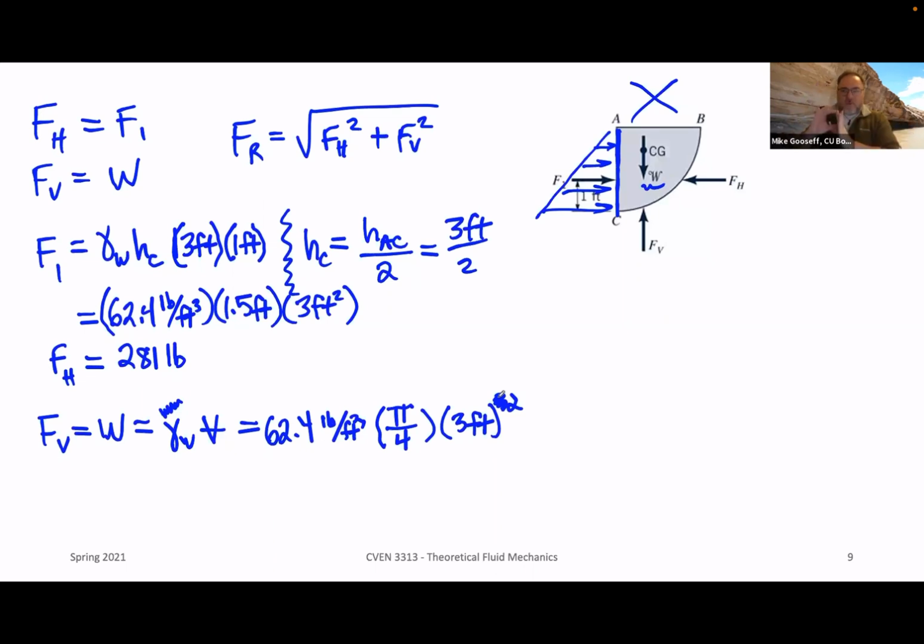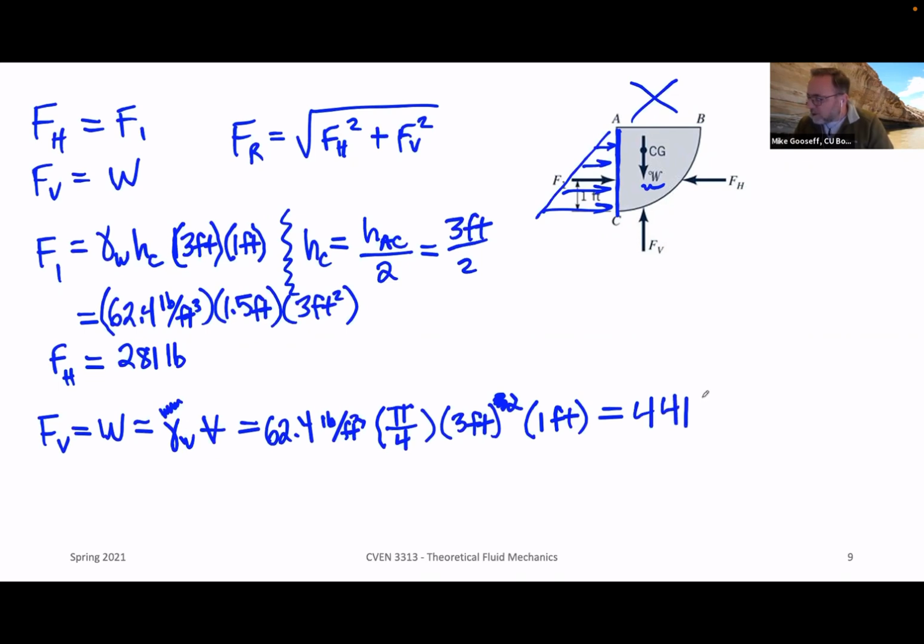We only need 1/4 of that, so I combined the pi and the 1/4. So pi over 4 times r squared gives us 1/4 of the cross-sectional area. And then remember, our depth is 1 foot, the distance along the conduit.